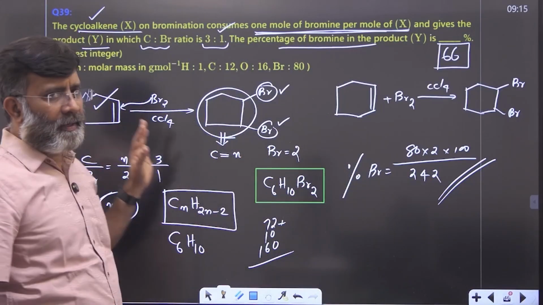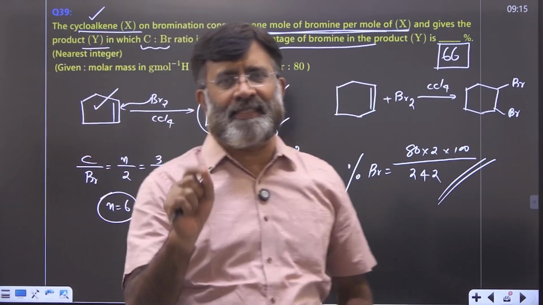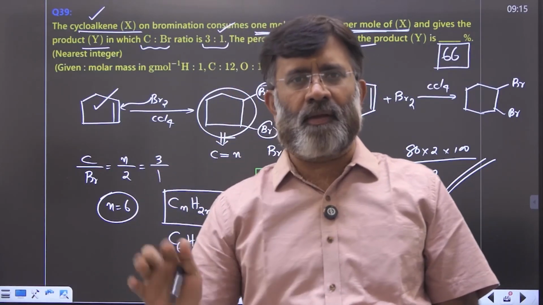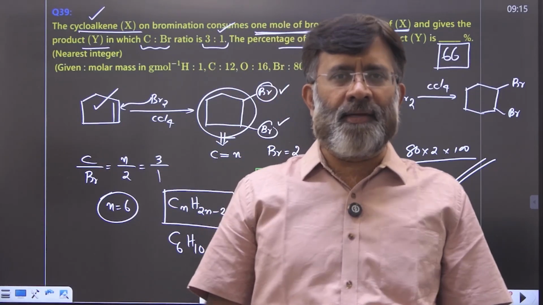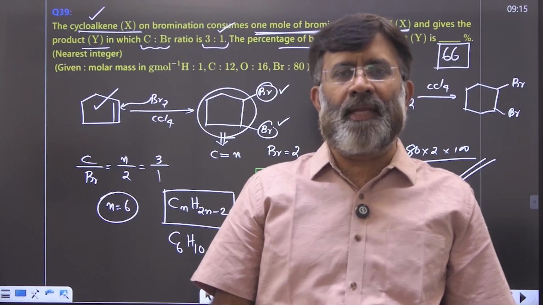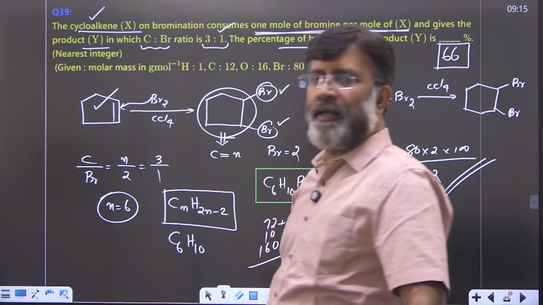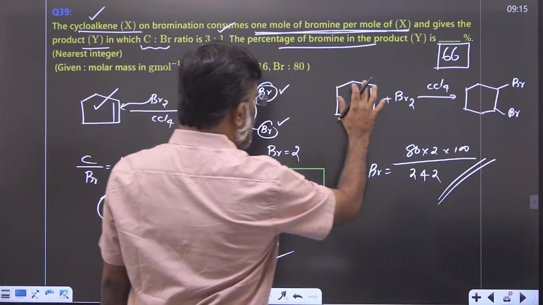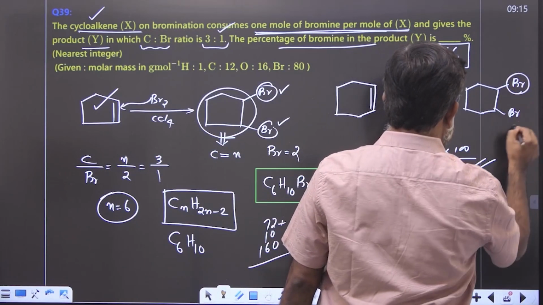So once again, it is only commented cyclohexene. Which cyclohexene is not given. But there is a hint given. Carbon-bromine ratio in the product is 3:1. For each mole of cyclohexene, there will be 2 bromine attached.